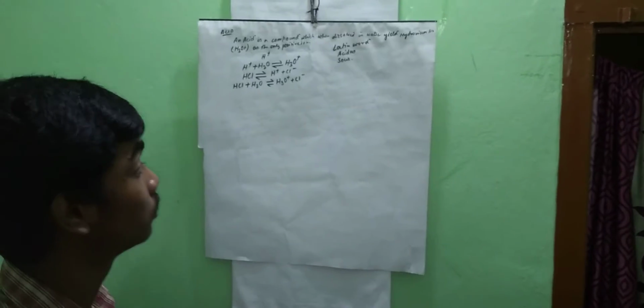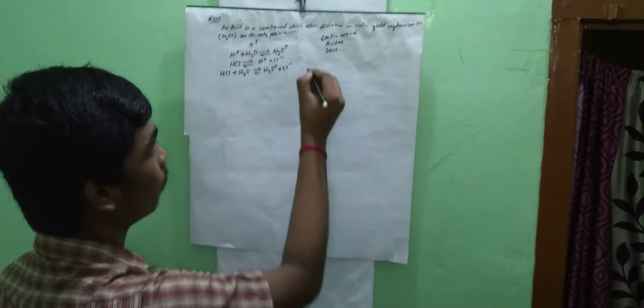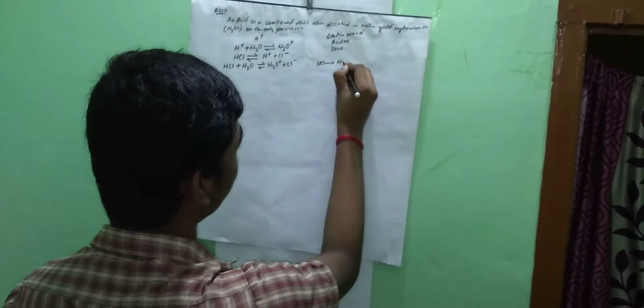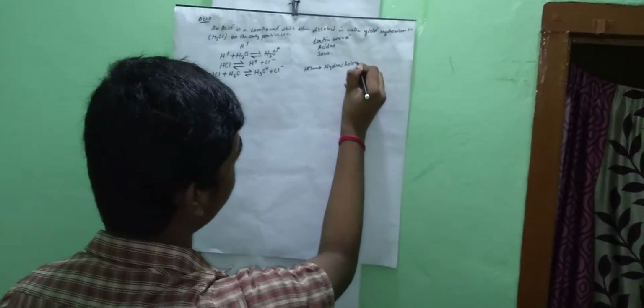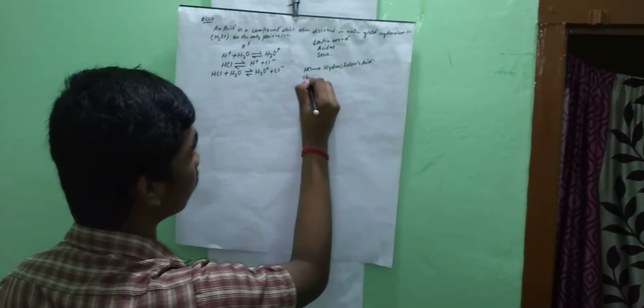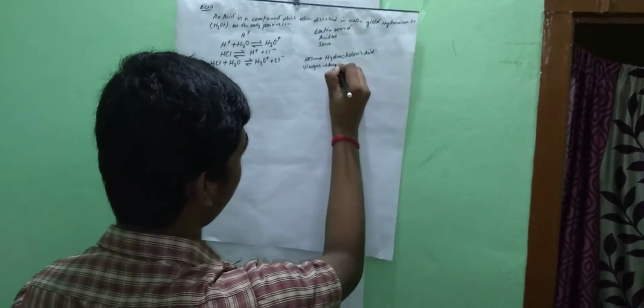Let us take some examples of acids in day-to-day life. We know that HCl is hydrochloric acid. In vinegar, it is acetic acid.